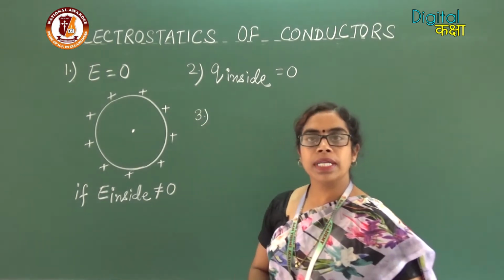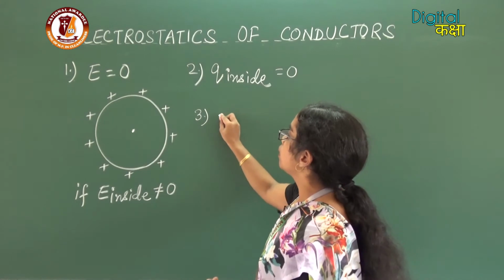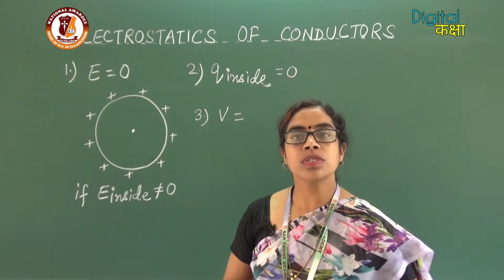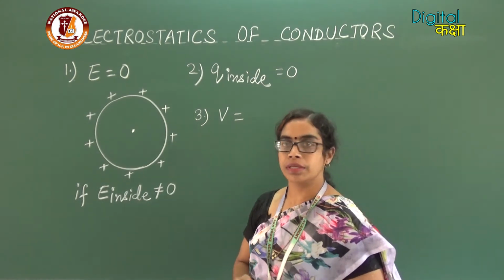The third property tells us that the potential inside the conductor is constant at every point.